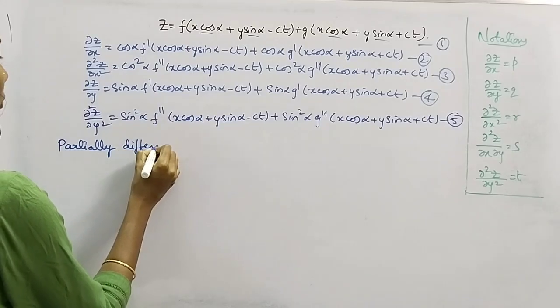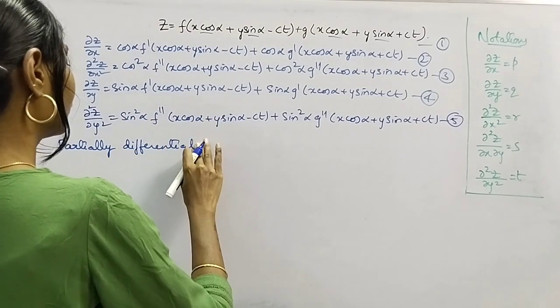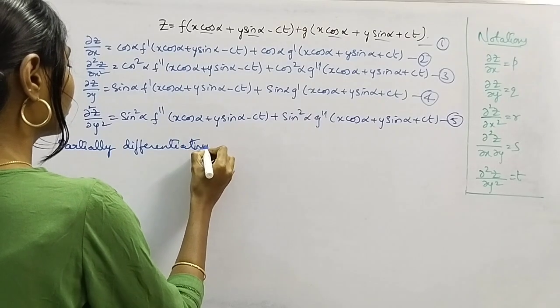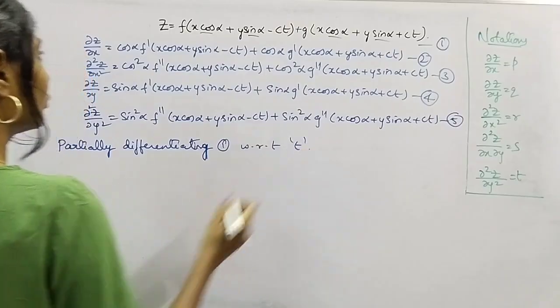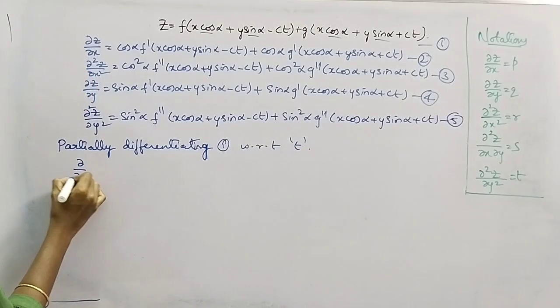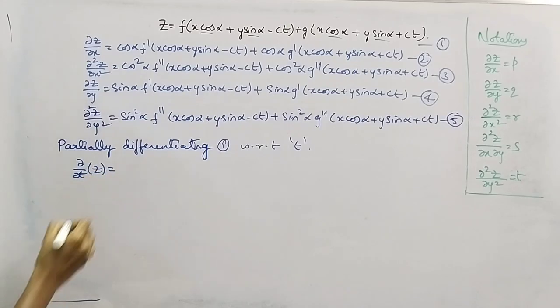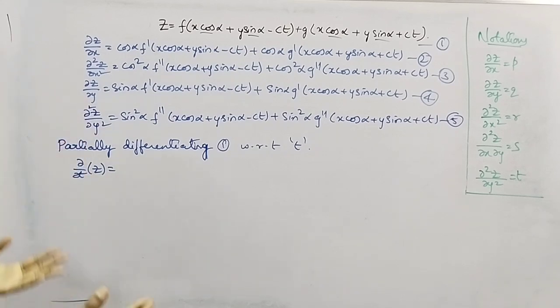Partially differentiating 1 with respect to t gives us dou z by dou t, and you can just write directly. Every student cannot understand direct steps, so I may need to write a number of steps. But if you are really good at solving the problem without taking a number of steps, just do it directly.